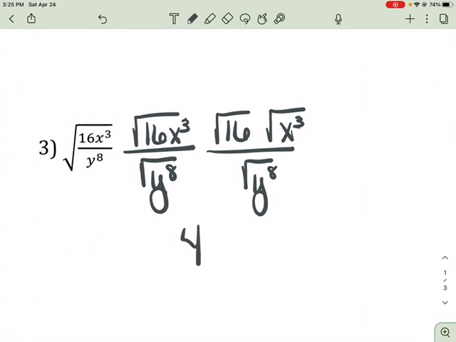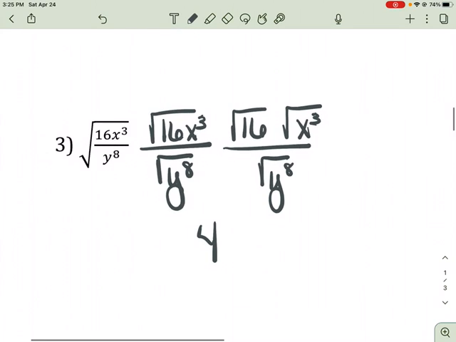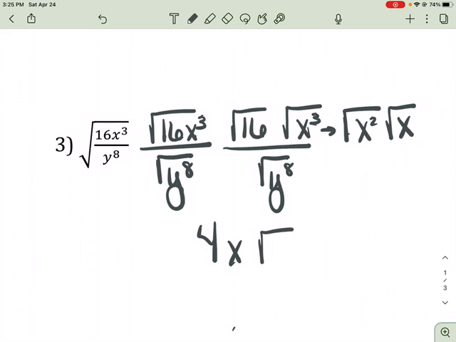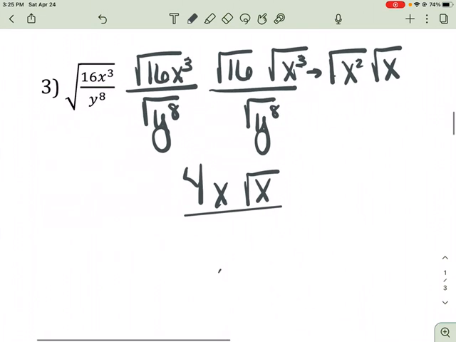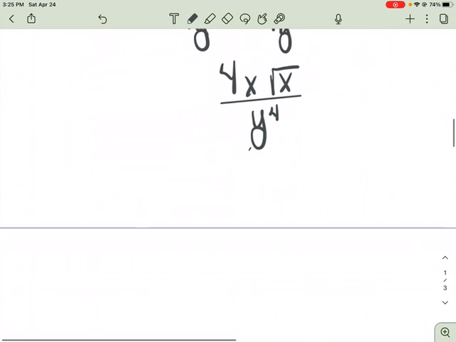The square root of 16 is 4. The square root of x cubed is the square root of x squared times the square root of x. So this is going to be x square root of x over the square root of y to the 8th, which is y to the 4th. So we're going to have to use those rules of simplifying that we talked about earlier.